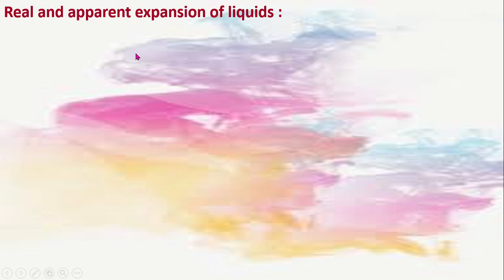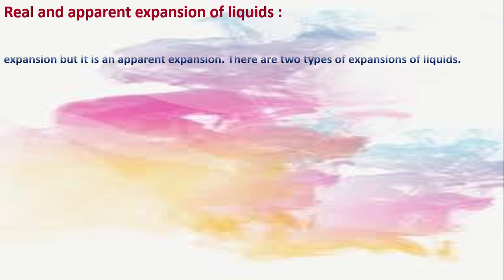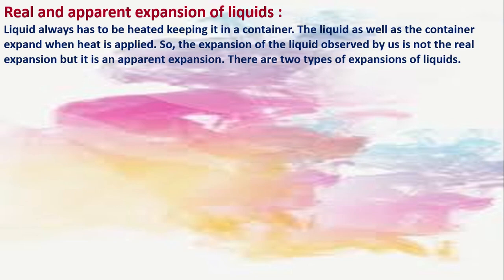The liquid as well as the container expand when heat is applied. So the expansion of the liquid observed by us is not the real expansion, but it is an apparent expansion. There are two types of expansion of liquid: real expansion and apparent expansion. At first, I will explain real expansion.